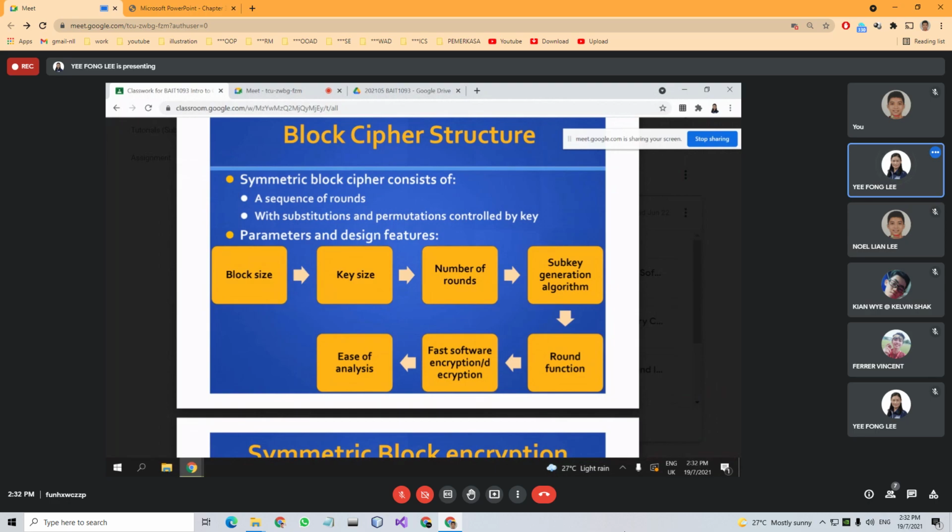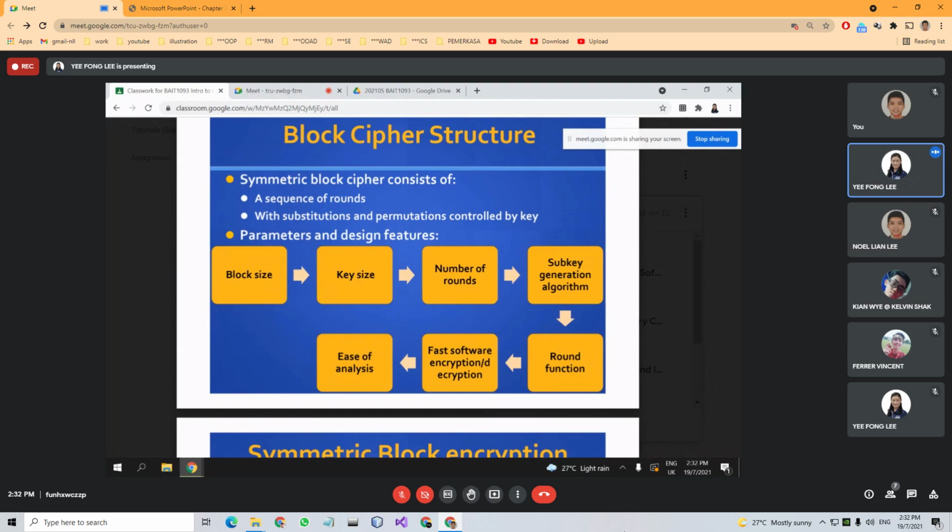Round function: again, greater complexity generally means greater resistance to cryptanalysis. There are two other considerations in the design of a symmetric block cipher here.